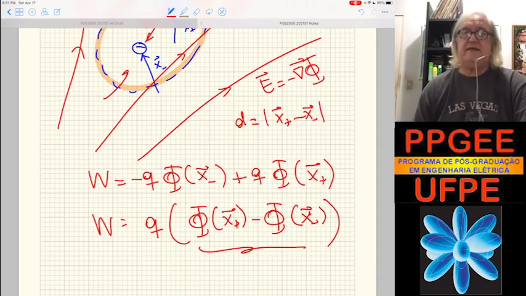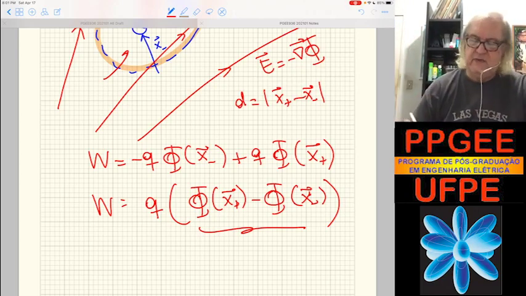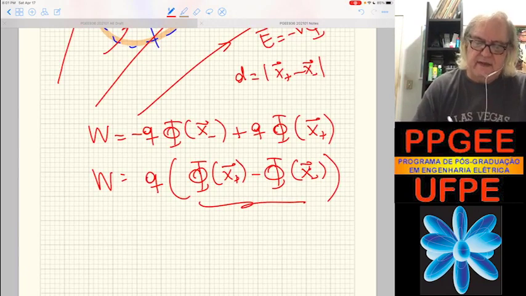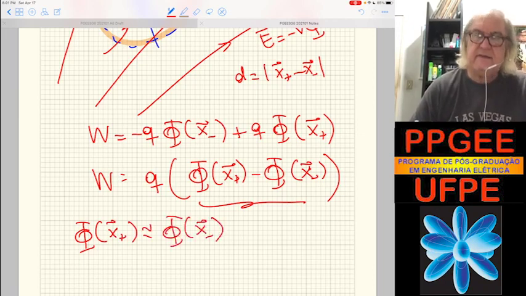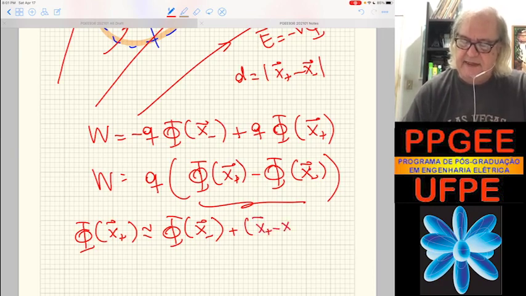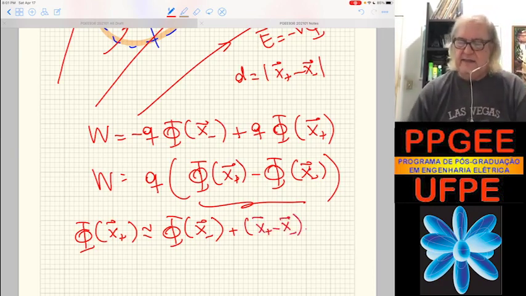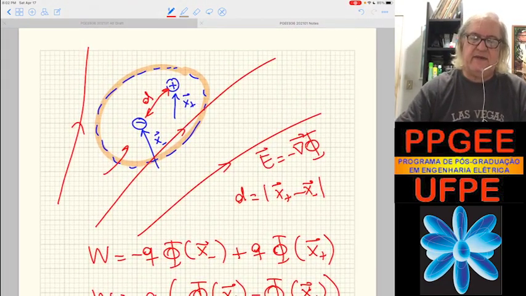If the separation between charges is very small relative to the scale of variation of the field, I can approximate this, right? I can say that phi of x plus is approximately phi of x minus, plus the correction, the famous term, which is x plus minus x minus, which is small, dotted with the 3D derivative, which is the gradient of potential, evaluated anywhere in between those two charges.